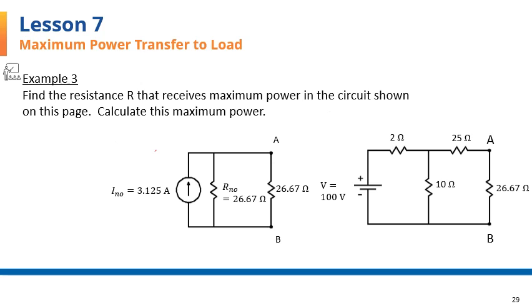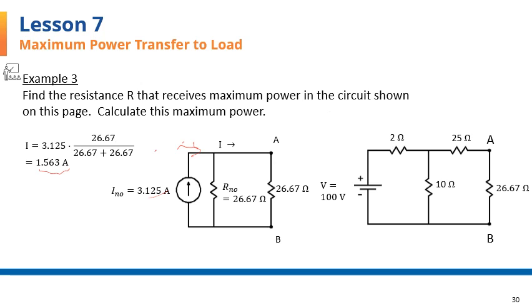To find the power of the load, I'll find the current through it first. You can see that 3.125 is coming here, and it gets divided between two equal branches, so it's going to flow at half of the total current in each branch.